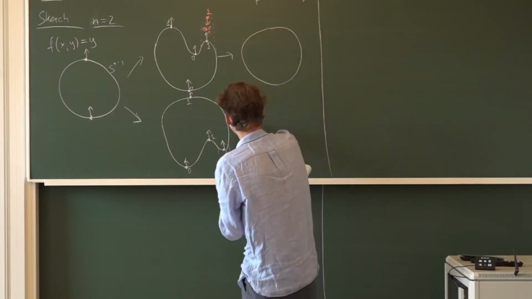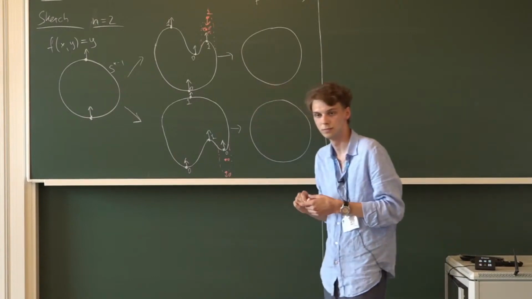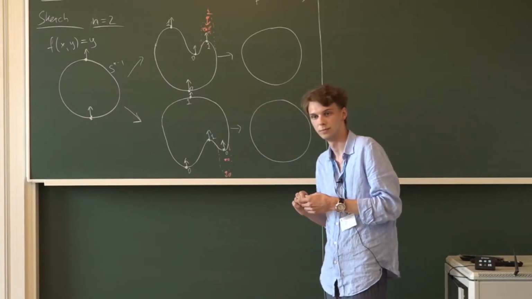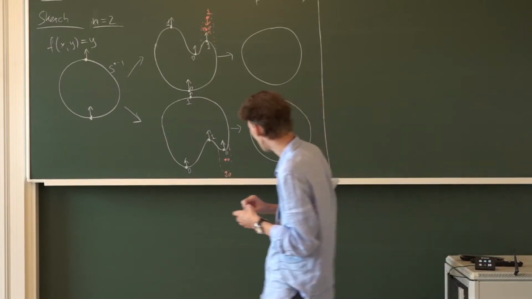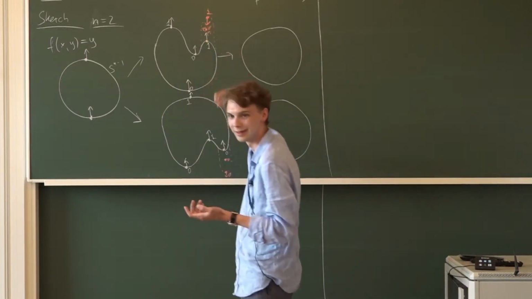Well, I don't get it. If the gradient goes down, then wouldn't local minima turn to local maximum? No. Why would it? I mean, like here, it goes in this way.